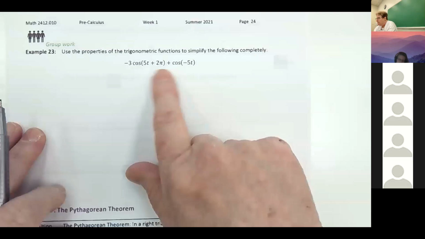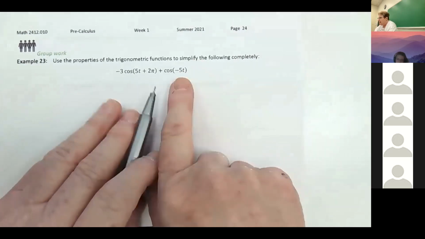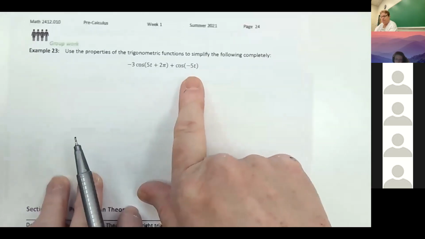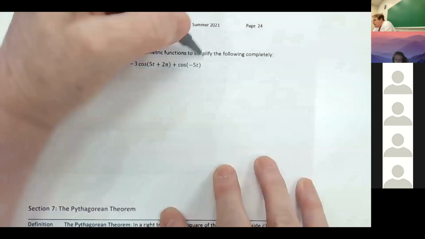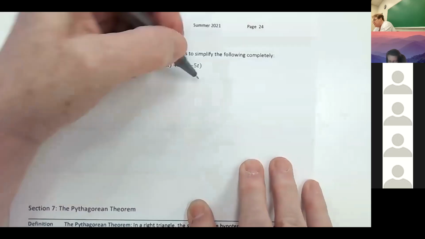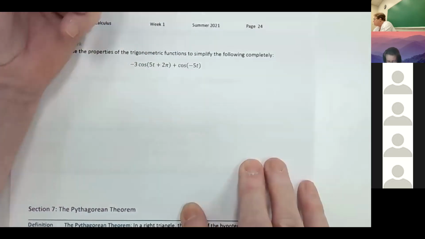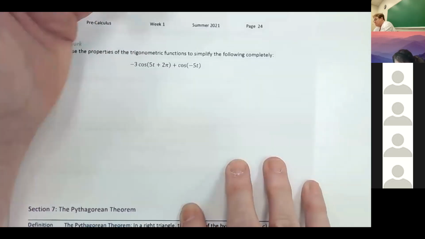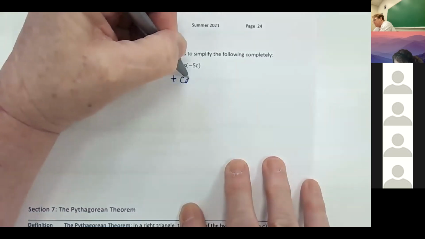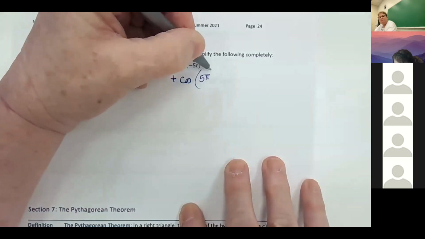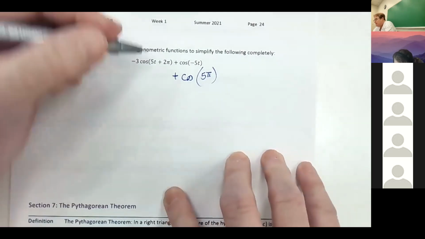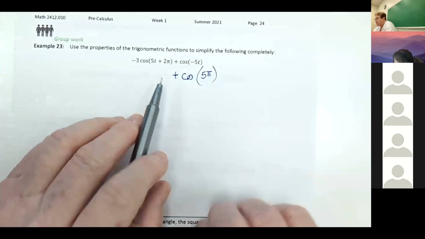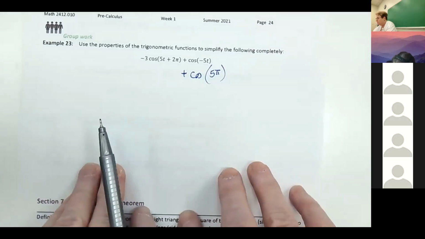Okay, here we go again. Is cosine even or odd? It's even. That means if I've got a negative inside, what do I do? Good. Okay. What is the period of cosine? 2 pi.